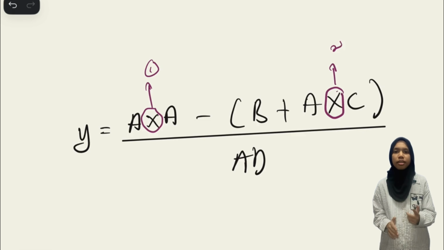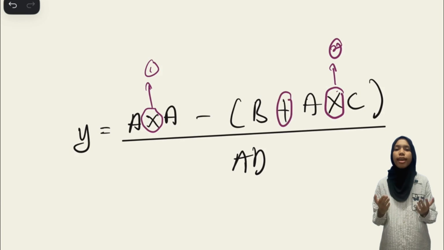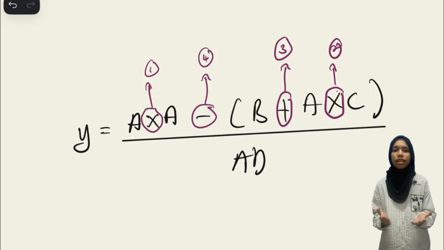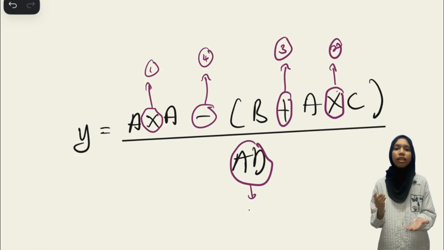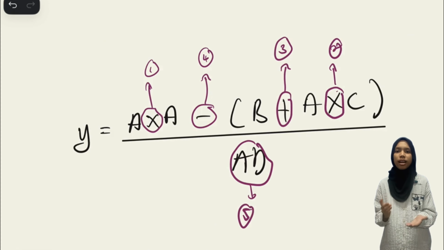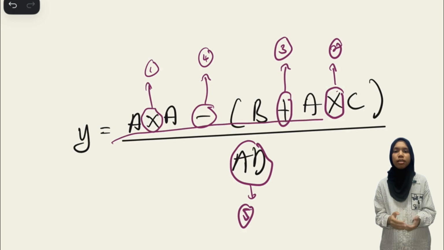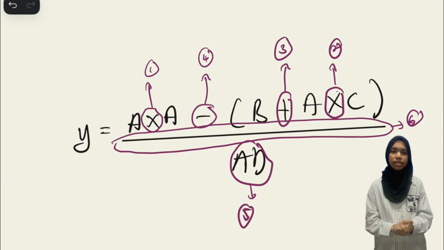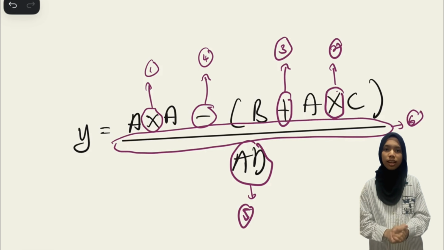Third, add B to the result of A×C, giving B plus A×C. Fourth, subtract B plus A×C from A×A, giving A×A minus (B plus A×C). Fifth, multiply A×D. Finally, divide the first result by A×C, A×D.